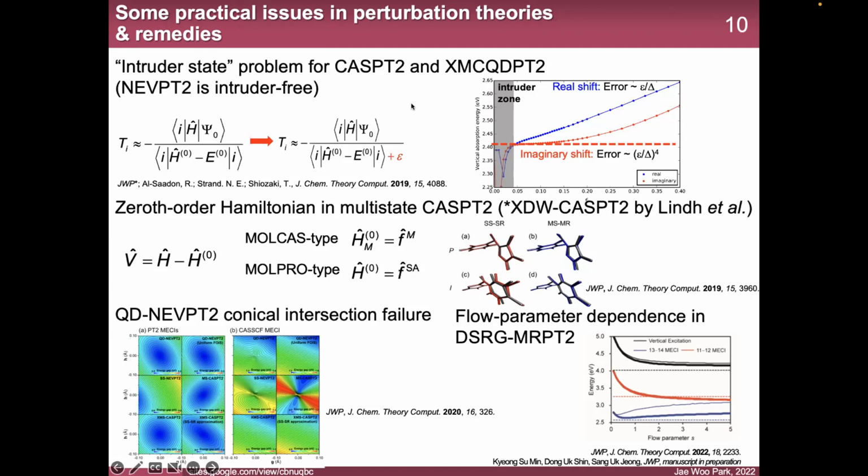PT3 is one of the targets, and I have some other targets like AC, or adiabatic connection, which is cheaper than MRPT, by the way. And then the variants of MRCC, if I have some capacity to work on it. I don't have capacity actually for MRCC, but that is what I'm hoping for.